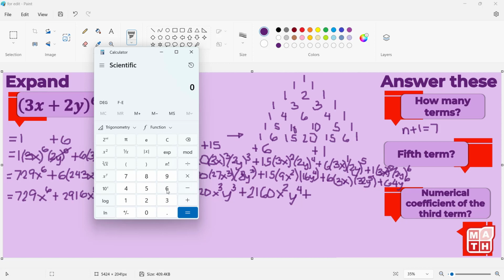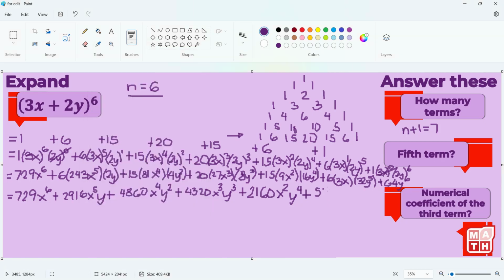So look at this one. We have addition, right? It would be even harder if we have negative signs here. But of course, try to do it step by step. 76 of x y to the power of 5 and plus finally 64 y to the power of 6.